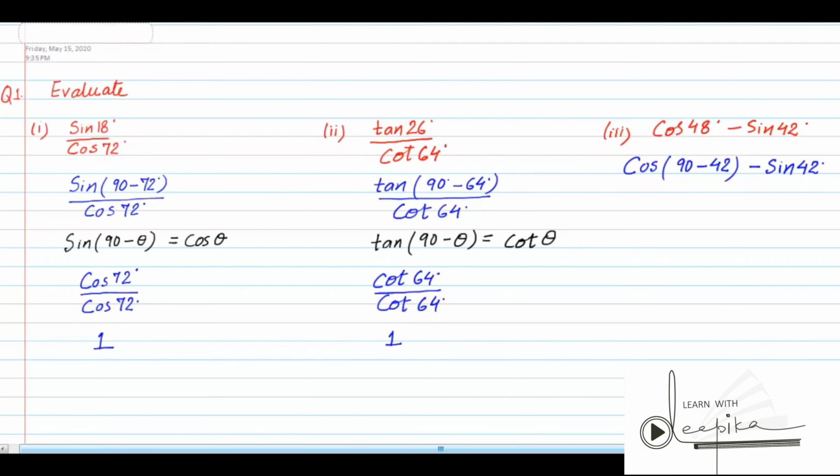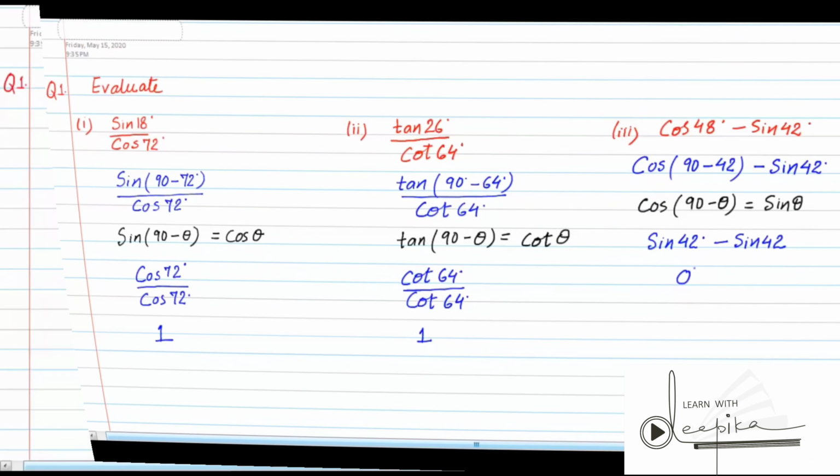Now we can use the formula: cos 90 minus theta is equal to sine theta. From this formula, cos 90 minus 42 will be equal to sine 42 degree, and sine 42 degree minus sine 42 is equal to 0.